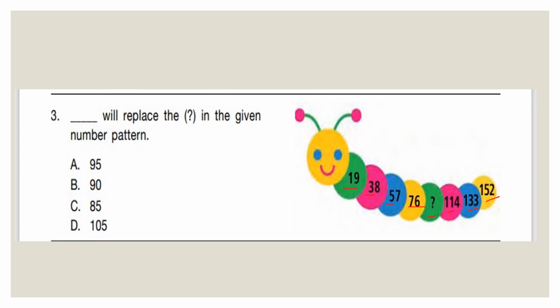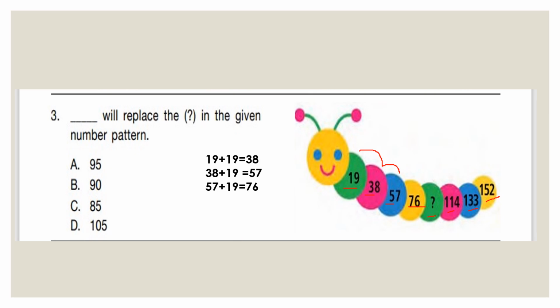We can see that there is a difference of 19 each time. First is 19, second is 19 plus 19, that is 38. Third is 38 plus 19, that is 57. Fourth is 57 plus 19, that is 76.